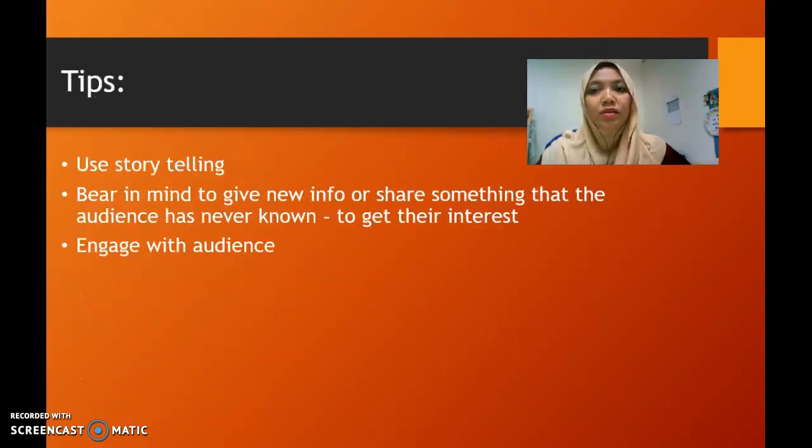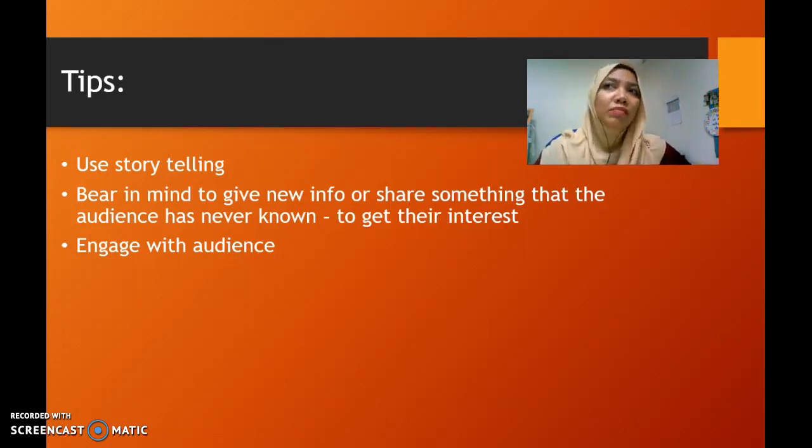Some tips. People love storytelling, so why not tell stories? Stories are not necessarily true stories. You can make up stories. You can share anecdotes. Also bear in mind, it won't be interesting if you just reproduce information that you get from Google, from Wikipedia.